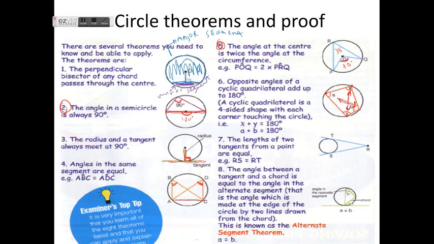So that was that. Okay, number 7 says the lengths of 2 tangents from a point are equal. I think we're going to see an example of this one in our exam question.